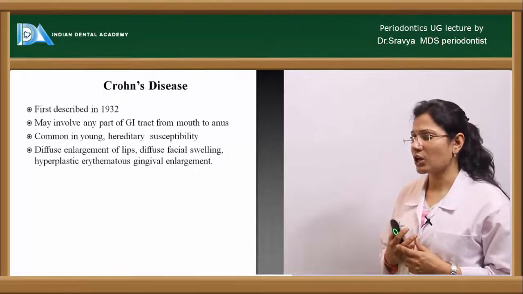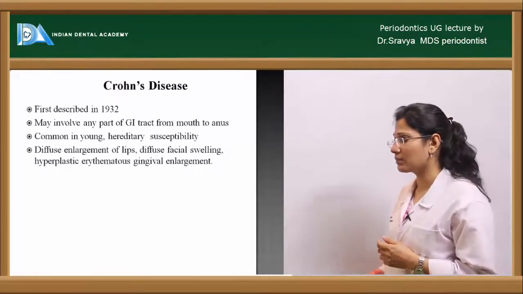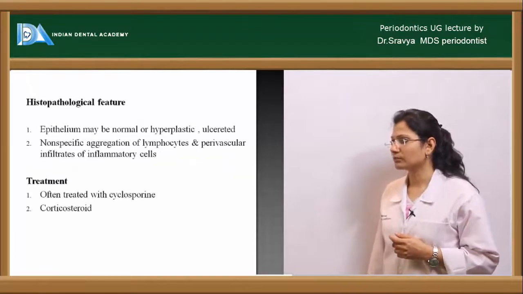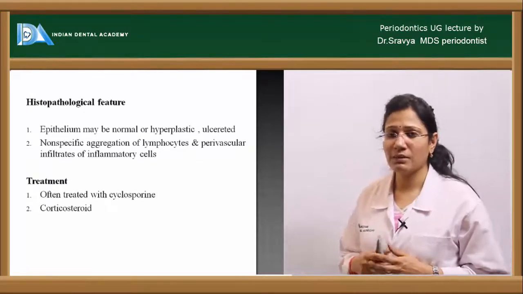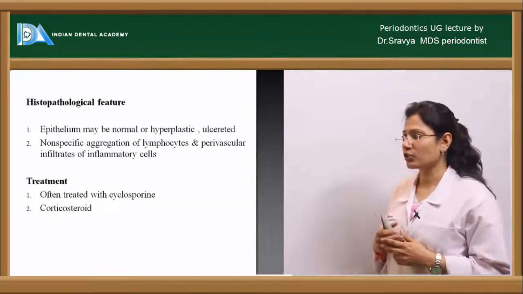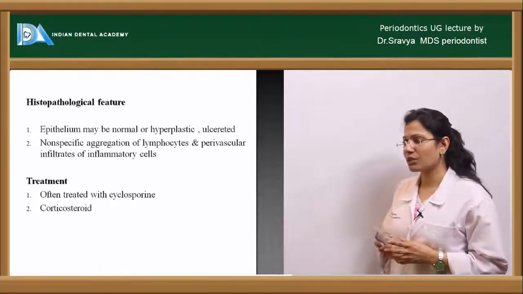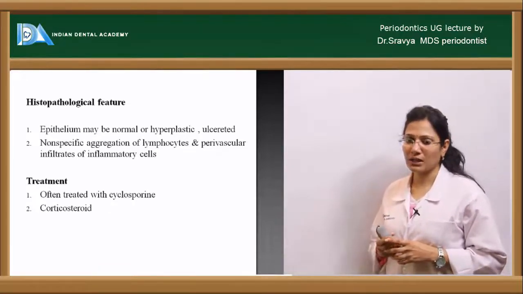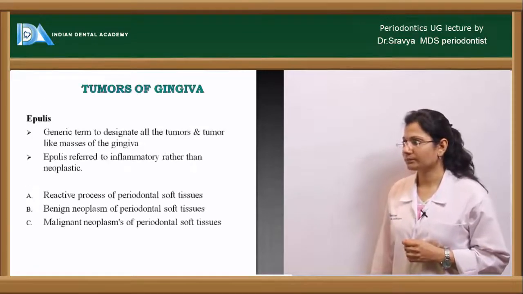Diffuse enlargement of the lips can be seen, diffuse facial swellings, and hyperplastic erythematous gingival enlargement. Histopathologically, the epithelium may be normal or hyperplastic, ulcerated, with non-specific aggregation of lymphocytes and perivascular infiltrates of inflammatory cells. It is often treated with cyclosporin, an immunosuppressive drug, and corticosteroids.